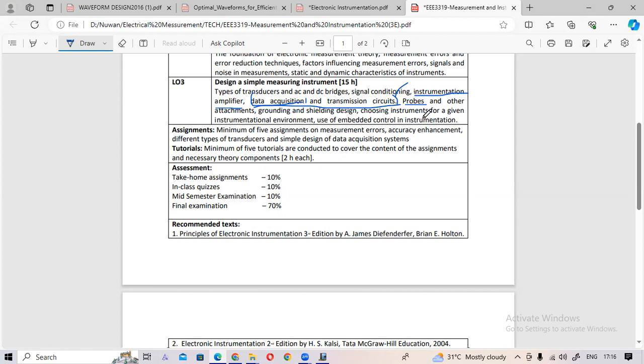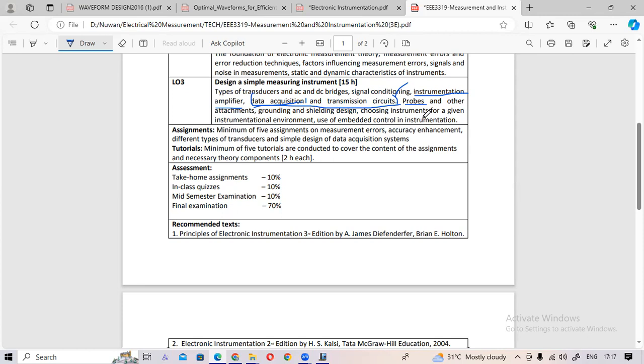Then the proper impedance matched transmission line you have to select. So that is why oscilloscope has different transmission lines, different probes. There are some probes for digital oscilloscope, some probes for analog oscilloscope. The main thing is the impedance. Impedance will be changed.